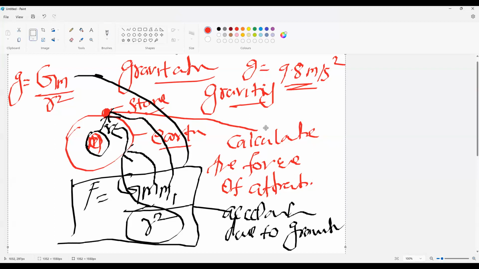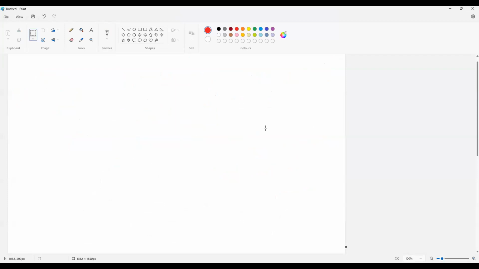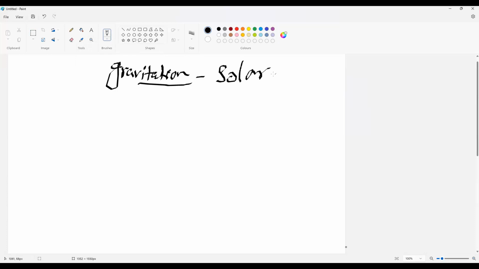Now, there is something interesting which we need to understand: gravitation has to do something with the solar system.